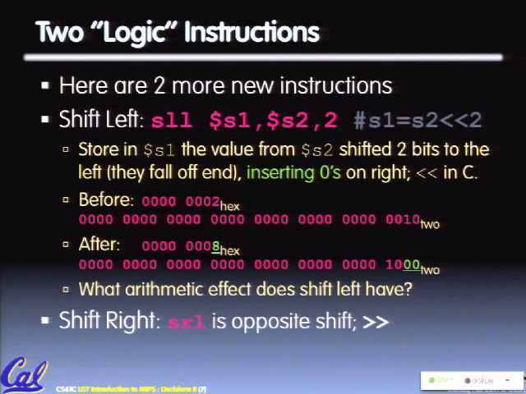What is the arithmetic effect that shift left does? Multiply by 2 to the shift amount, right? Pretty easy. And shift right logical does the same thing on the right, pushes things to the right, and zero fills it. Does that make sense for things that are signed? What happens there?